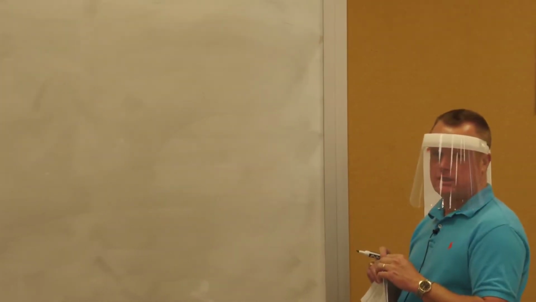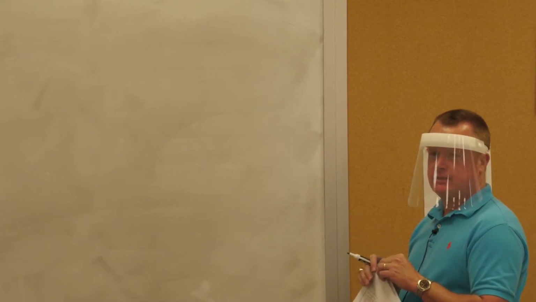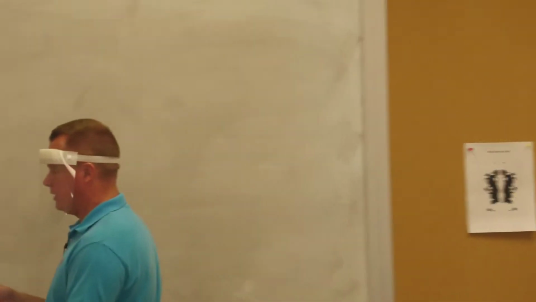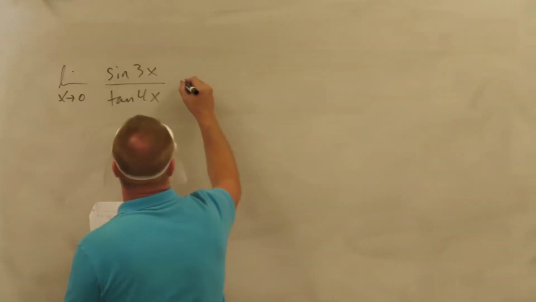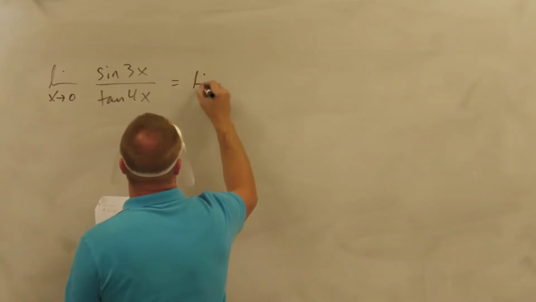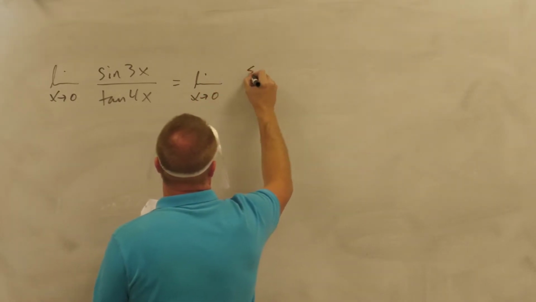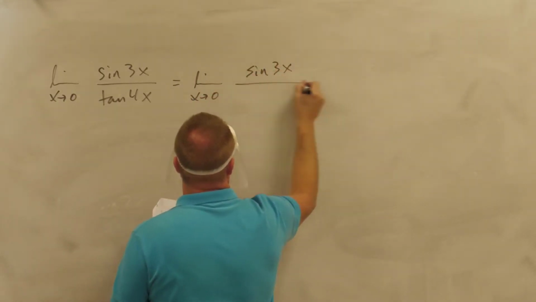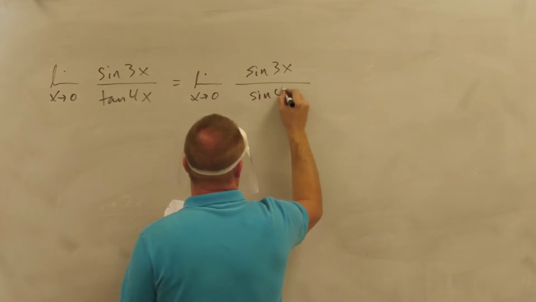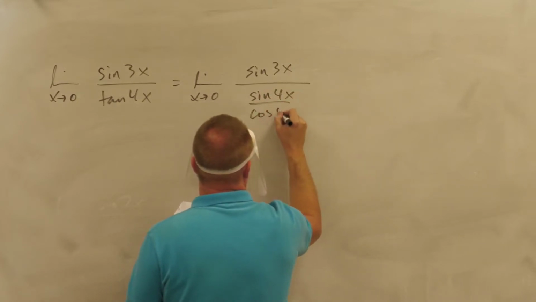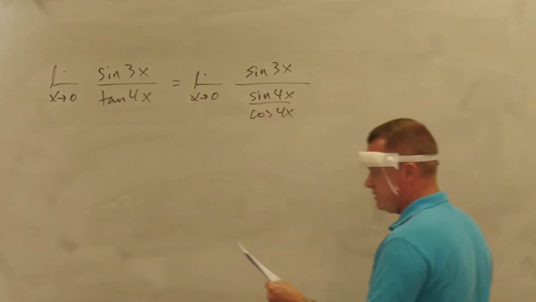Okay. Now this one has tangent. What is tangent equal to? Sine over cosine. All right. So let's change that to the limit as x approaches 0 of sine 3x over sine 4x divided by cosine 4x. Okay, so I would do that.